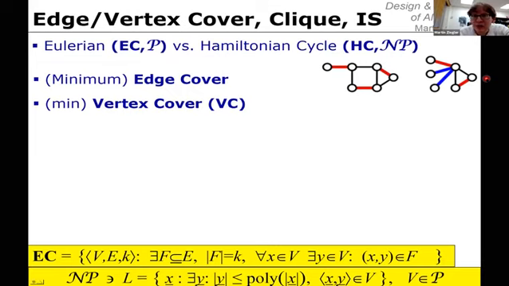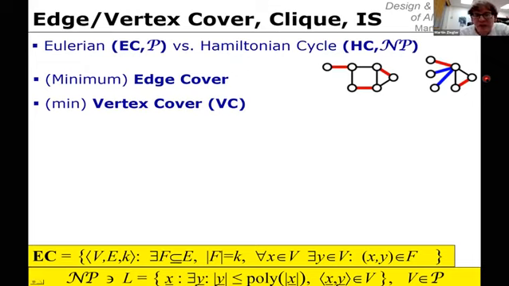So that here in the graph to the right, we have an edge cover of size 4. And again, this is a minimum edge cover. There is no edge cover of size 3. No 3 edges can have this property that every vertex is an endpoint to one of the 3 edges. I leave this to you to convince yourself that this is indeed true.